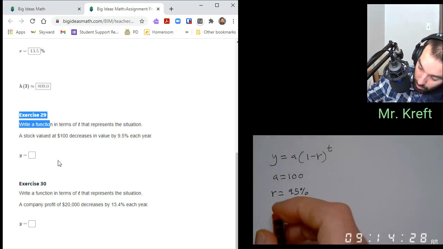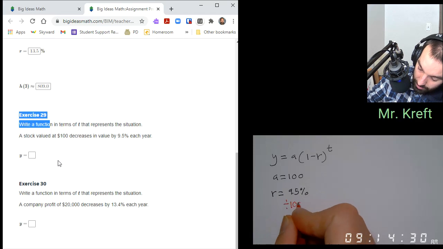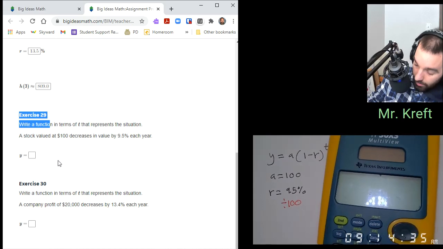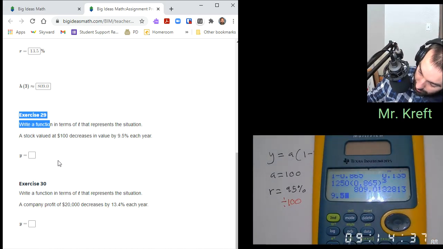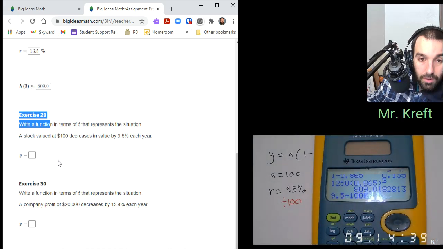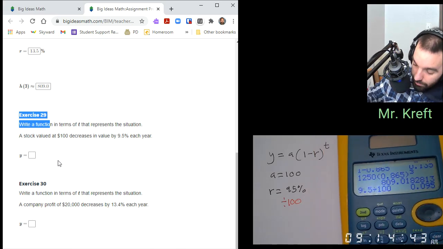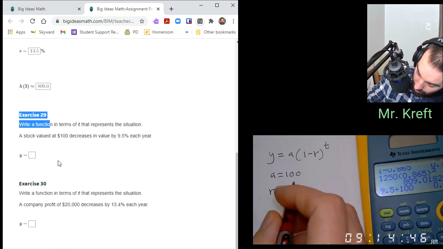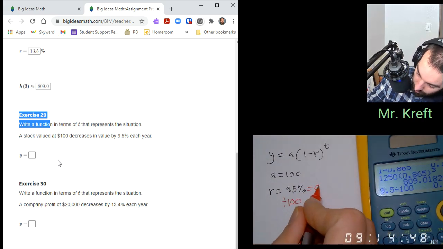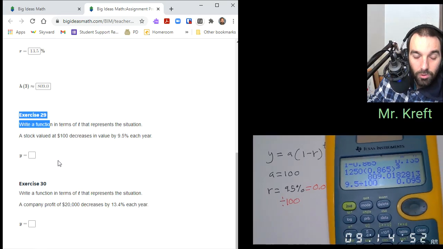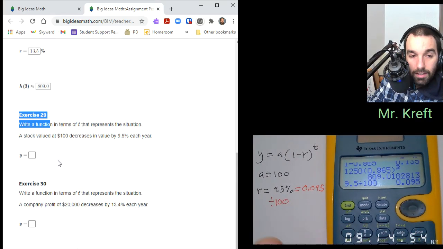To get that to a decimal, we divide by 100. So I grab my calculator, and I go 9.5 divided by 100, and I get 0.095. So my rate as a decimal is 0.095.